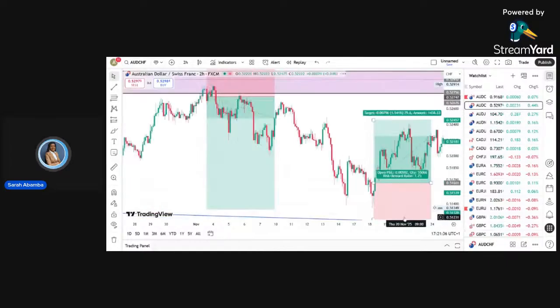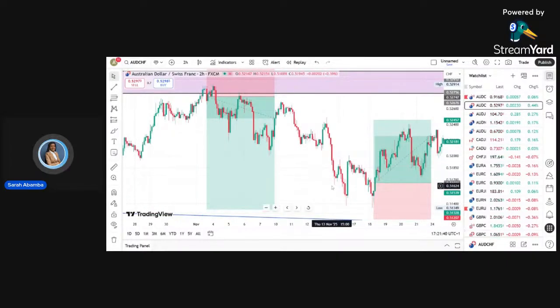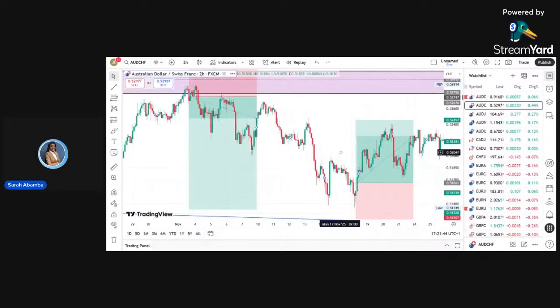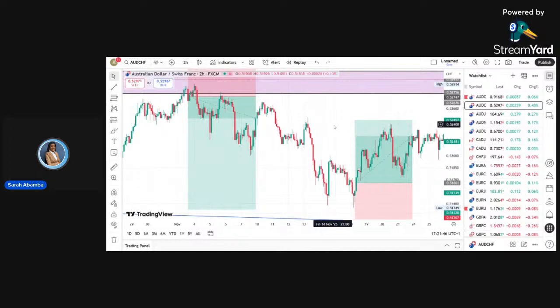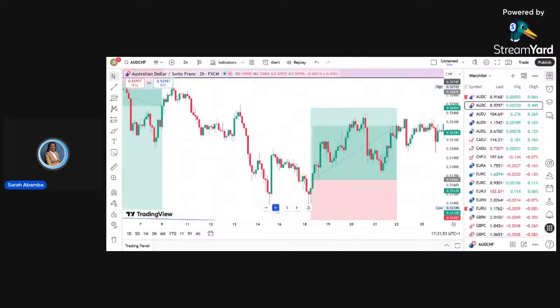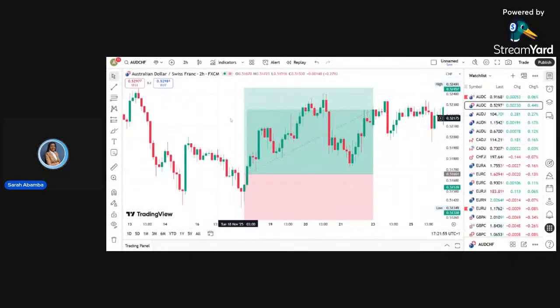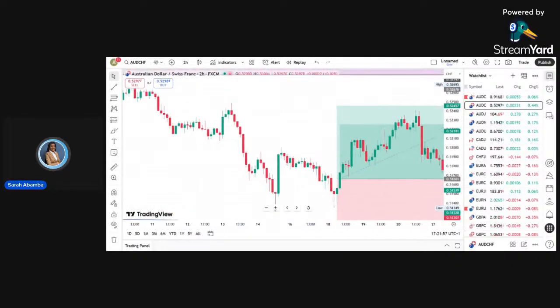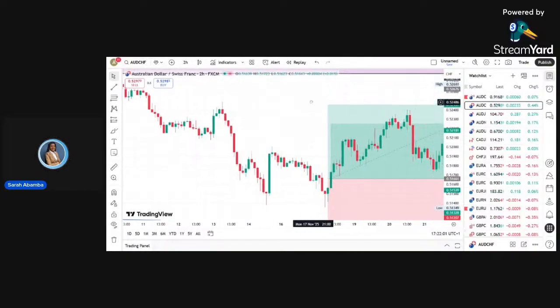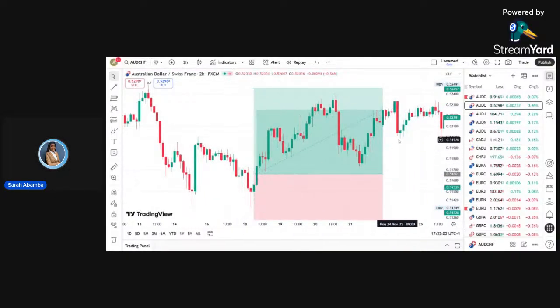Another thing you want to know is that all the strategies I'll be teaching you can occur on any time frame. When I say any time frame, it can be 1 hour, 2 hours, 4 hours, daily or weekly. They can occur on any time frame and they will still be valid. I just saw these two now. This is a bullish pin bar here. Another one was from here, which I call a double confirmation, and the market started going up.